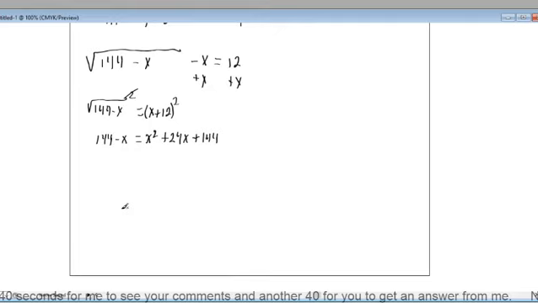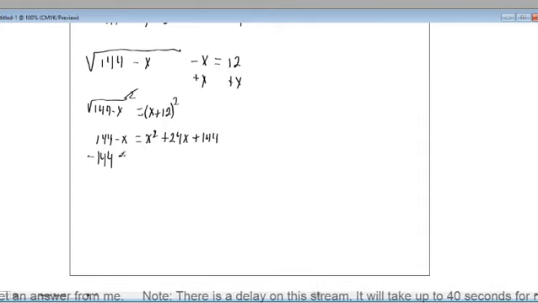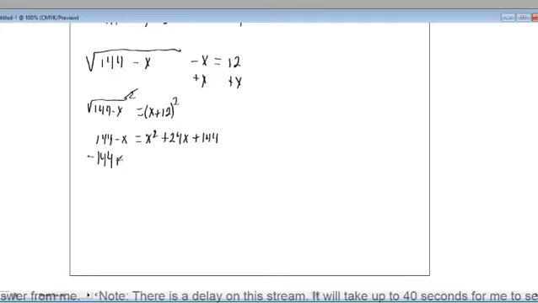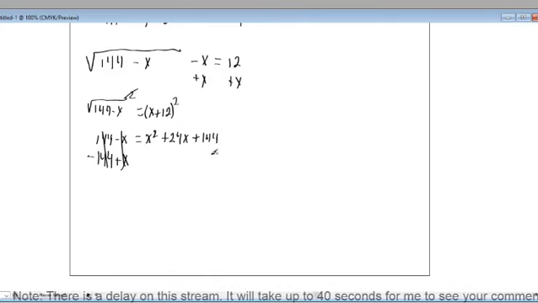Okay, so I want to get this into something that I can solve. So what I see right now is that I have a quadratic here. And I like for my quadratics to be equal to 0, so I'm going to take everything from this side and bring it over here. So minus 144 and plus x. Both of those cancel over here.